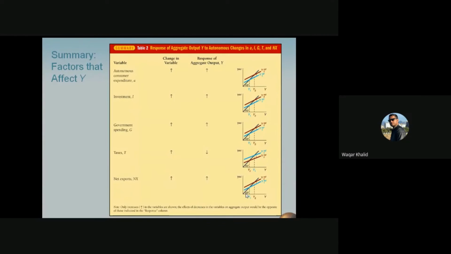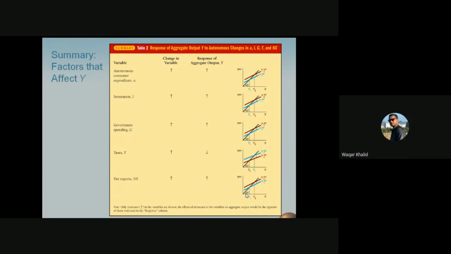This was the discussion of the Keynesian framework, of how the aggregate output will respond to changes in autonomous expenditures, that is, how these factors bring about change in aggregate output. If investment expenditures, government expenditures, taxes or net exports change, how these changes will bring about change in the aggregate output.